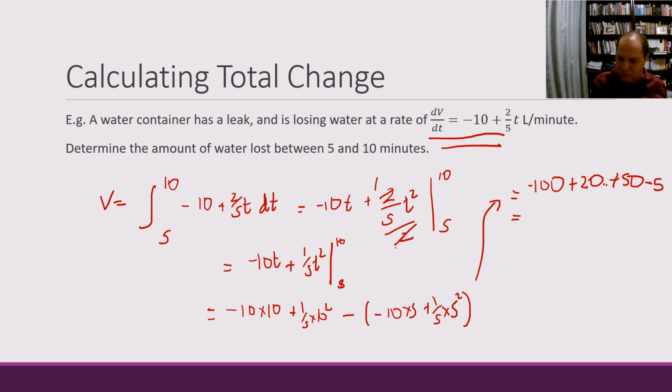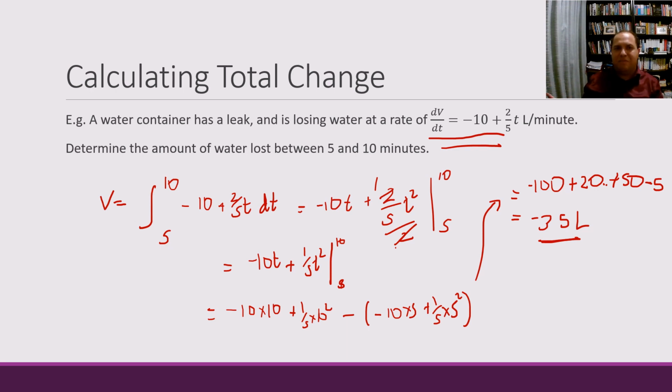And we end up with -30, and so -35 liters. So across that time between 5 and 10 minutes, this container has lost 35 litres of water.